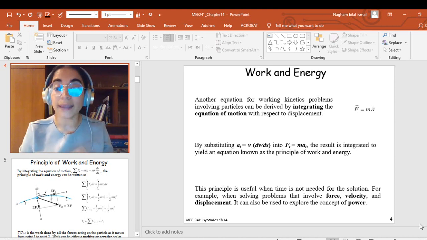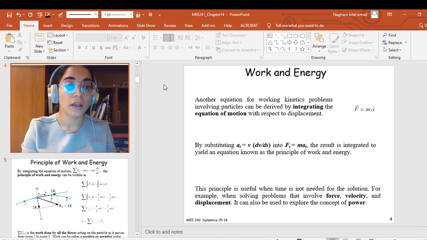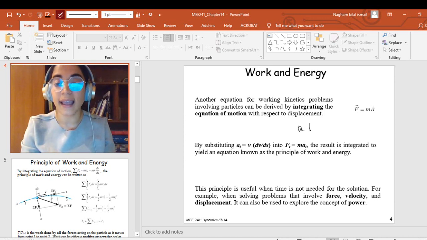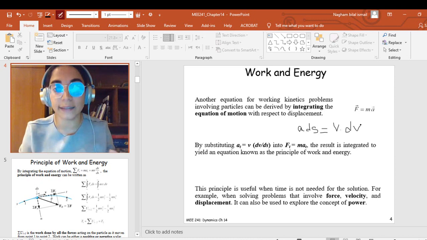So I know, guys, from the independent equation of time for kinematics, that A ds is equal to v dv. And this is the independent equation of time that is used in a general rectilinear motion.